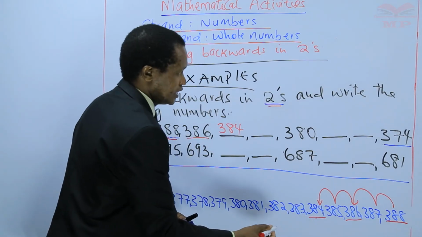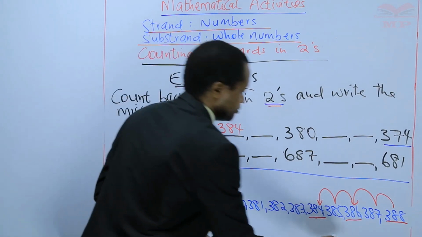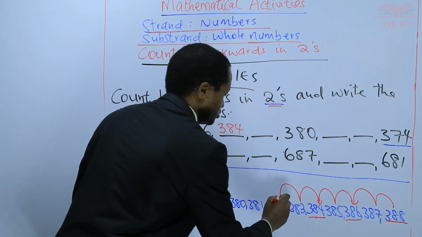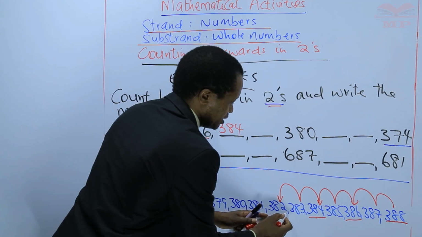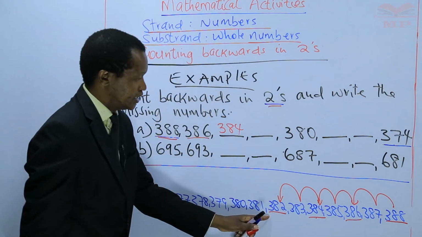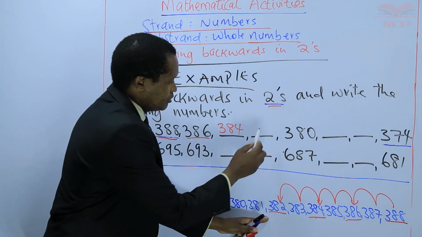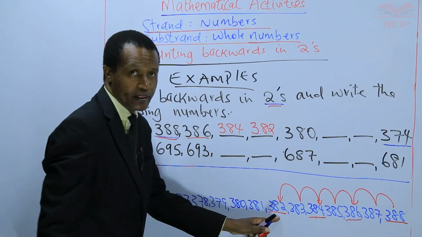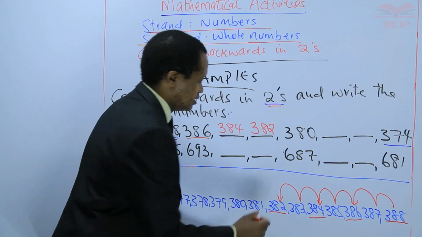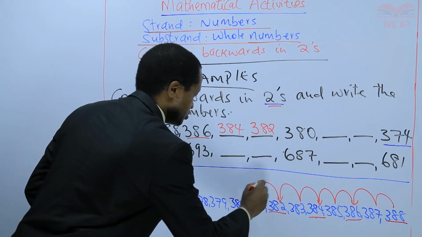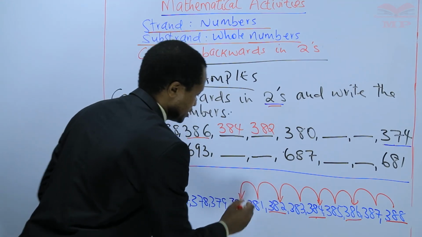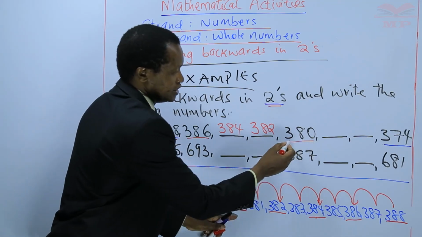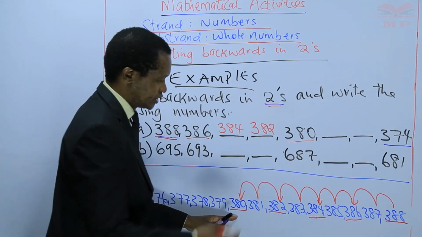We again move 2 times back, 1, 2. The next number is 382, so the missing number here is 382. Then moving back 2 times, we arrive at 380, but this 380 is not missing, so we skip it.